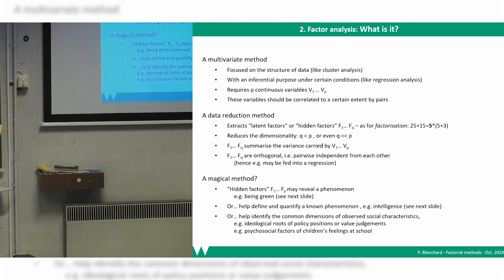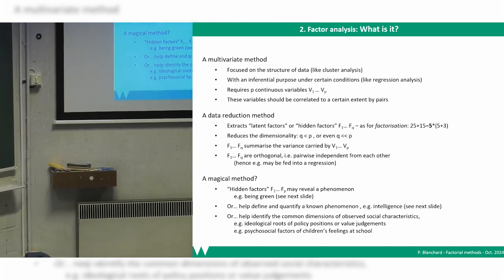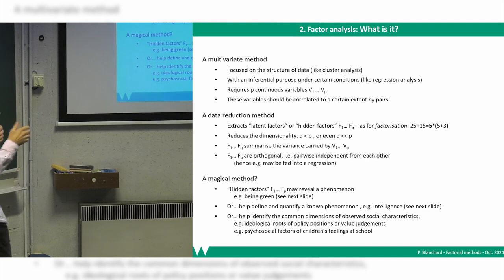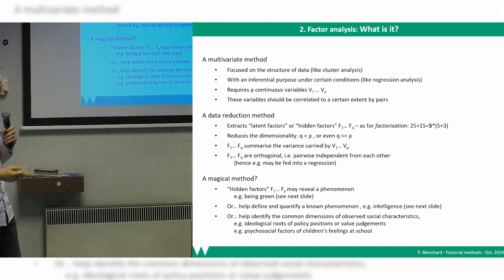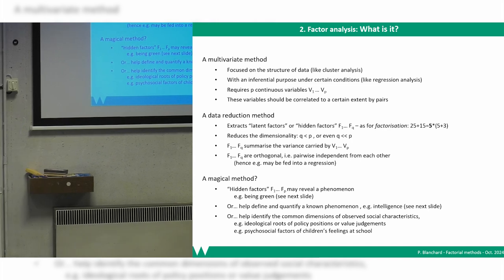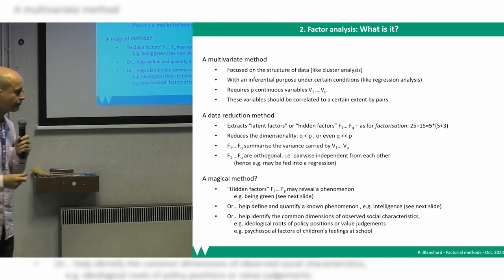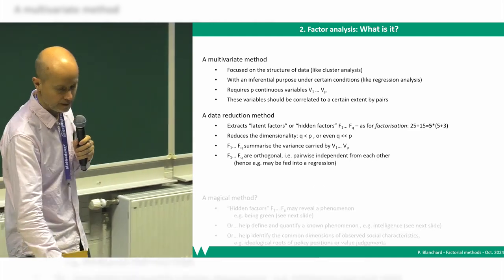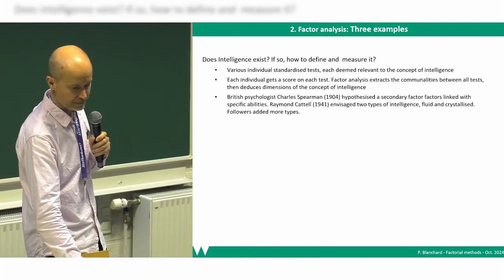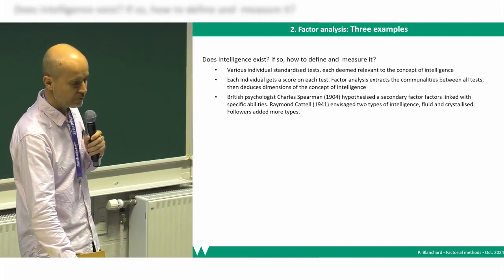That's a historical application for which factor analysis is known, again, psychology, or help identify the common dimensions of observed social characteristics. You have a few examples here, so it would be best to see that through examples. Okay, so I've got 3 examples.